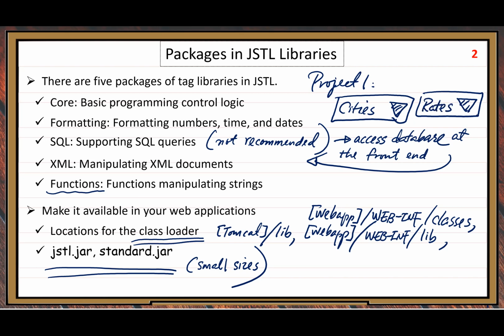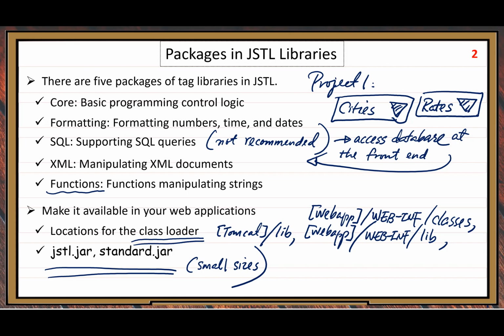Here, that's the place we can use JSTL to display. Because we need to use a for loop, right? How many items in the drop-down list? You need to use a for loop to display.